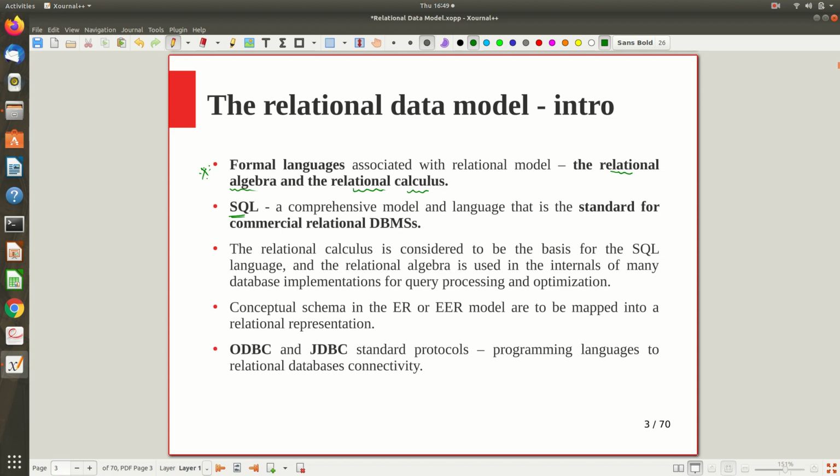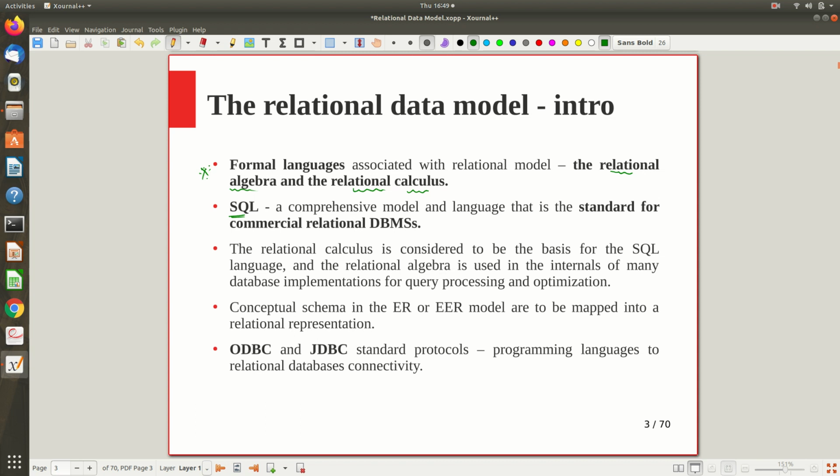Now SQL is a practical thing, a practical implementation. It is a comprehensive model and language that is the standard for commercial relational DBMS. When you try to implement relational DBMS software commercially, you can opt for a model or standard provided by SQL. SQL is the basic one, and we can see other variations of it also.